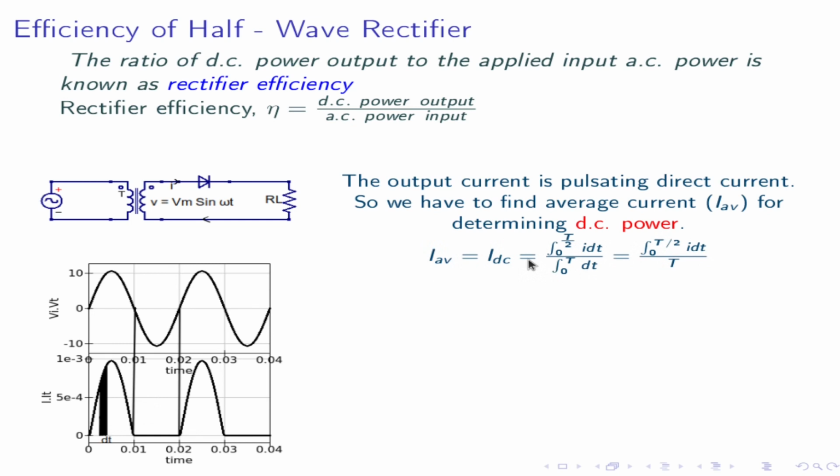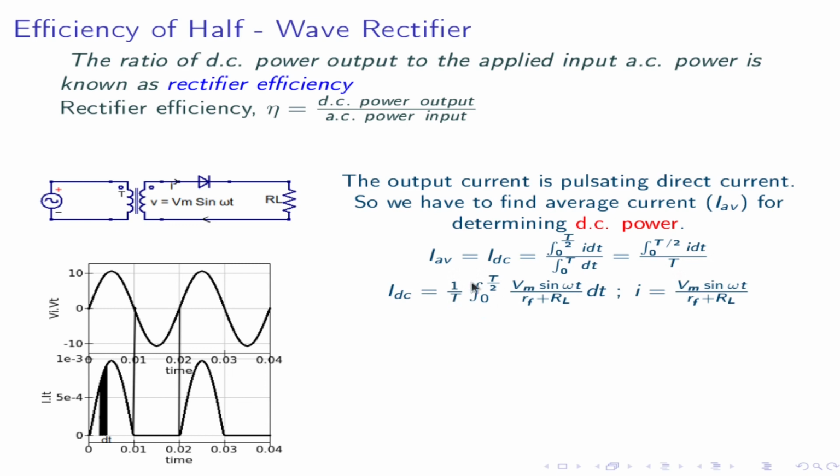It is calculated as the ratio of the integral over 0 to T by 2, where T by 2 is half the period, of I dt, divided by the integral 0 to T of dt. The integral 0 to T of dt is the time period, that is T. So IDC is equal to the integral 0 to T by 2 of I dt by T. T can be taken outside: IDC equals 1 by T times the integral 0 to T by 2 of I dt.